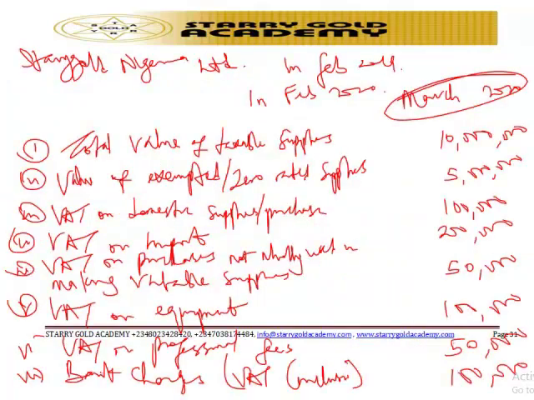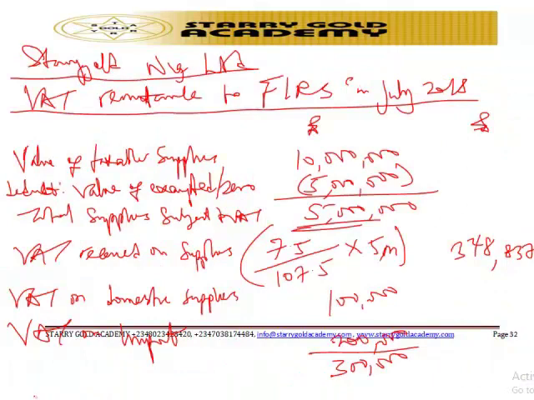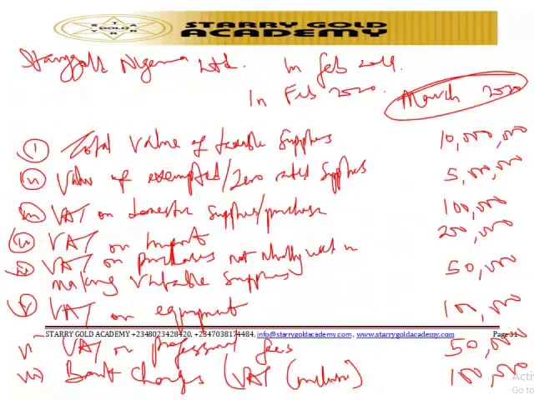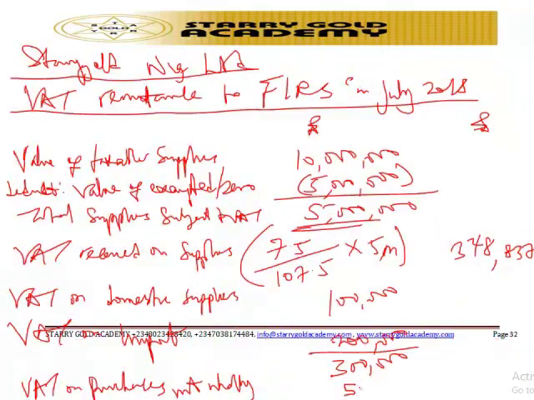And then we have to deduct VAT on purchases not wholly used in making vatable supplies. What's our VAT on purchases not wholly used in making vatable supplies? We have 50,000 naira. So we have a net of 250,000 to be deducted from VAT on taxable supplies.